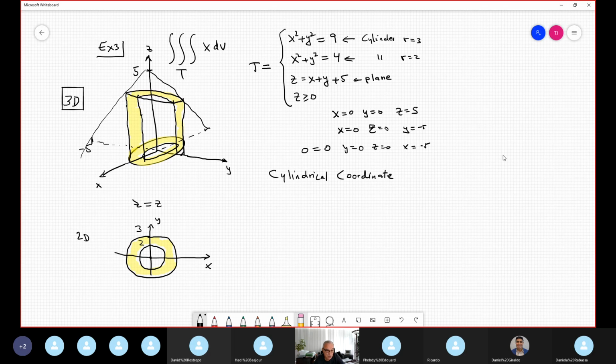The inner circle is 2, the outer circle is 3. And this is super easy to set up in polar. This is how you set up the triple integral.